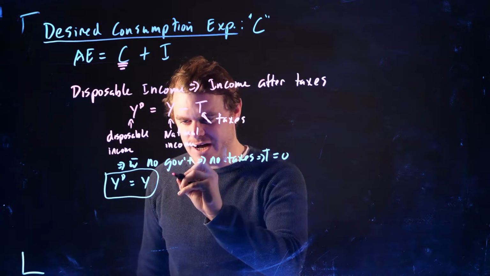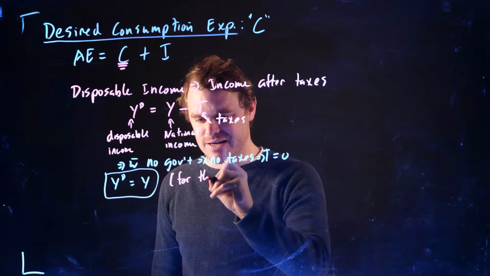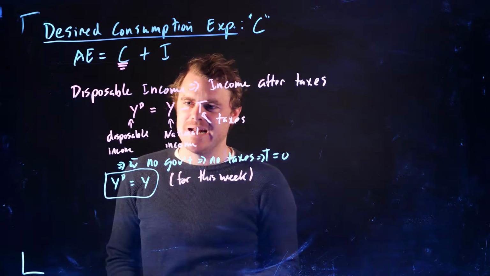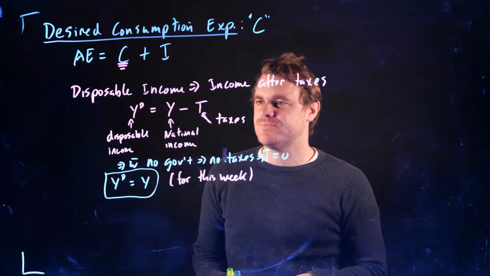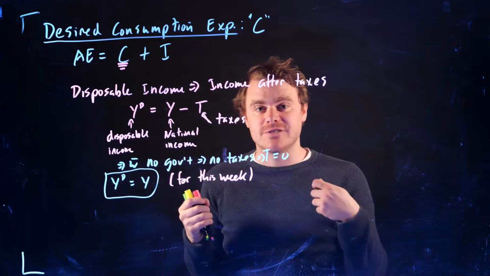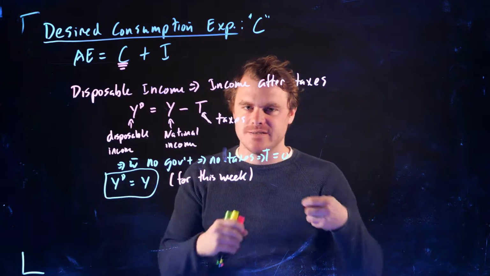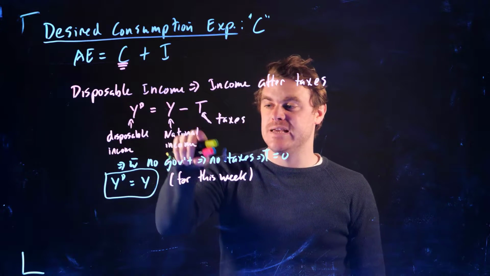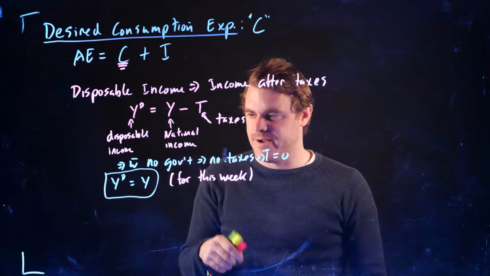I'm going to try to underline that this is just for this week, and it's just because of the assumption we made about there being no government. So disposable income is basically after-tax income. With no government, there are no taxes, which means disposable income is just your national income.